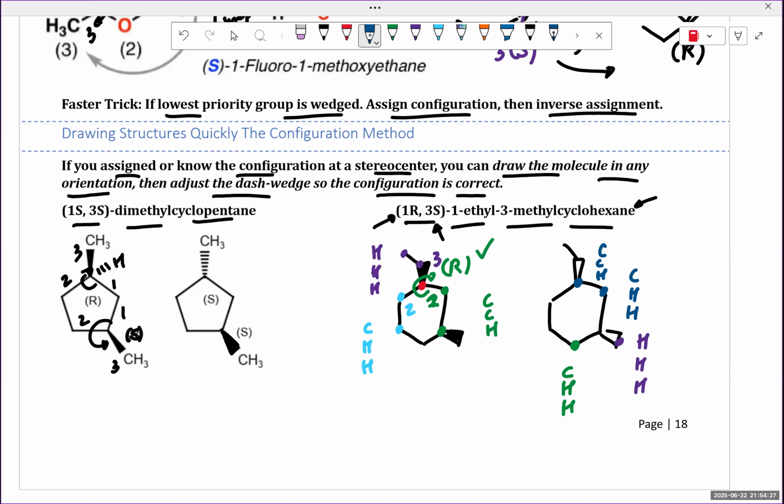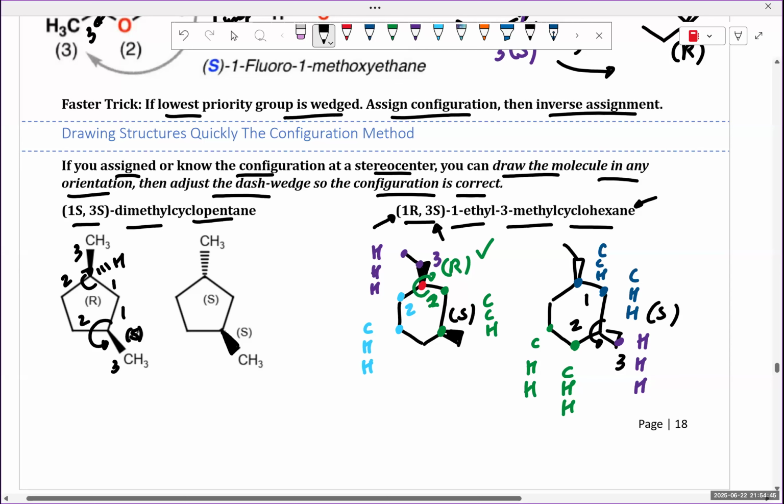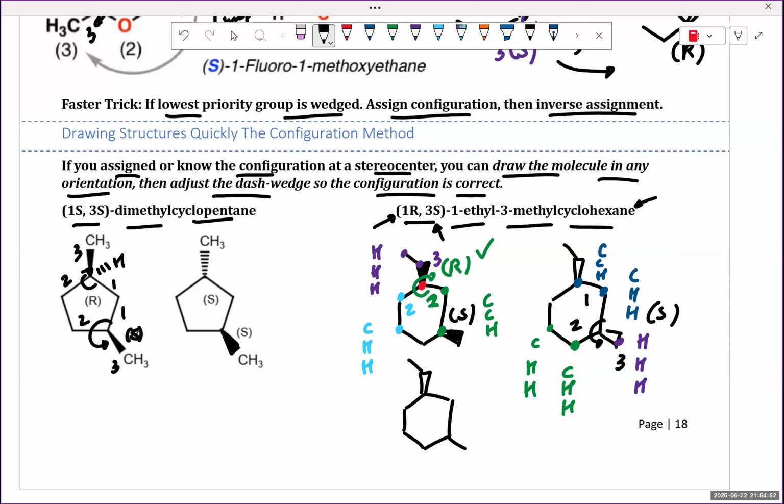Here we have 2 carbons and a hydrogen versus a carbon and 2 hydrogens. So we can see that the top group's priority 1, left group's priority 2, right group's priority 3. Tracing, this is counterclockwise, which would give S. So we have 1R3S. So the correct structure matching 1R3S would have wedges for the ethyl and the methyl group.